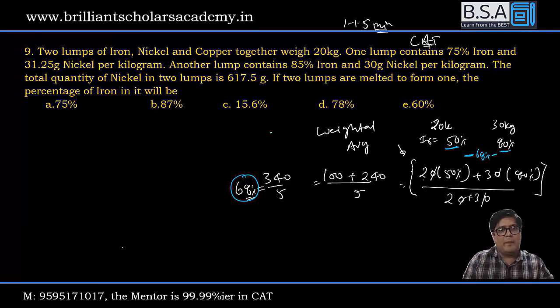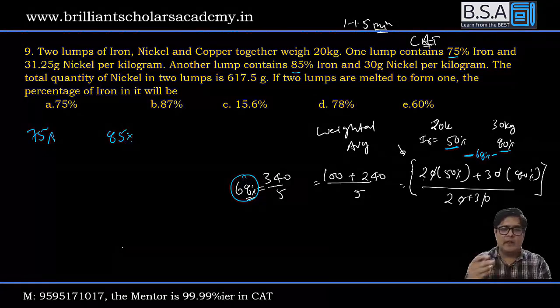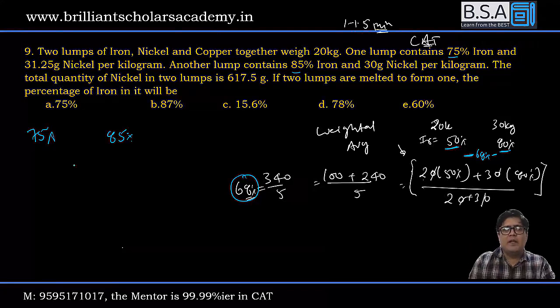So observe. अगर आपने लॉजिक लगाया होता, one of the percentages is 75, the other percentage is 85. No matter how you combine them, 1 kilo, 2 kilo, 10 kilo, however you combine them, the percentage will always be between them. So how many of these answer options are between them?